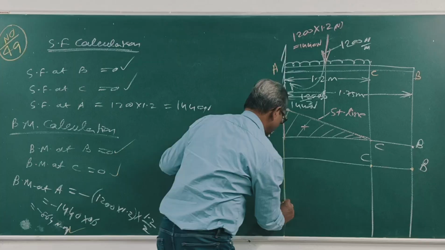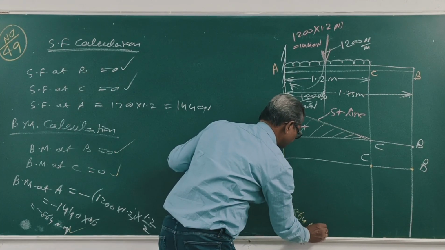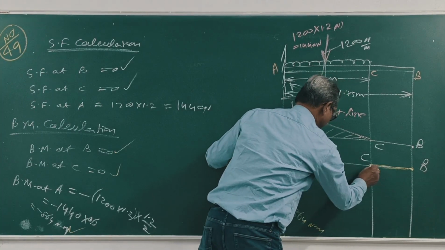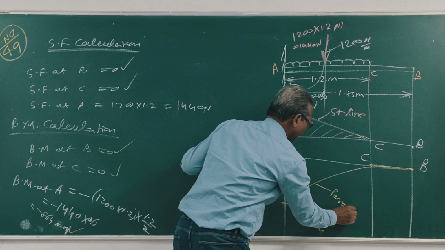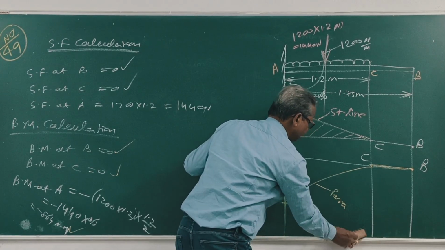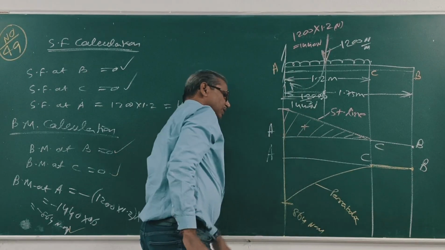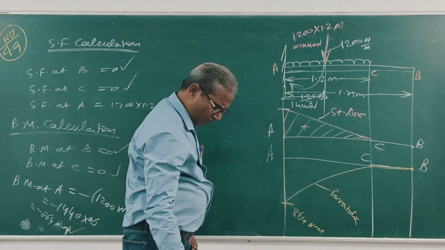From B to C it is a straight line, the baseline. From C to A it is a parabolic curve, because it is second degree of x.